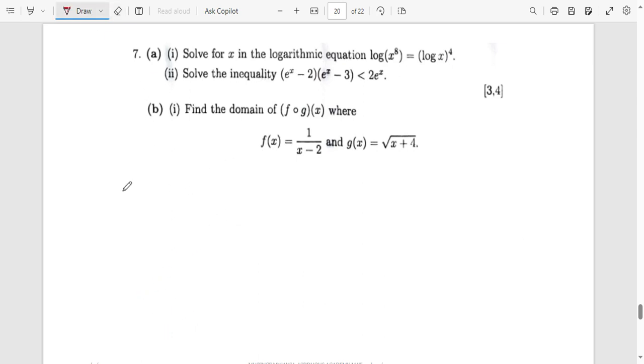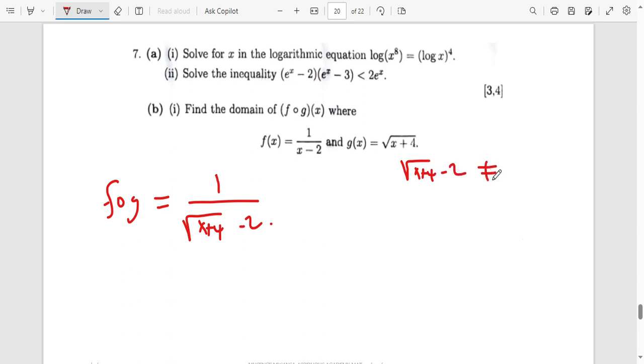Okay, so f of g of x, we are getting g, we are putting in f. So g is square root of x plus 4. So that will be 1 over, where there is x, we are putting square root of x plus 4, then minus 2. When you are finding the domain of a rational function, the denominator can't be equal to 0. Very, very important. Okay, square root of x plus 4 minus 2 cannot be equal to 0.